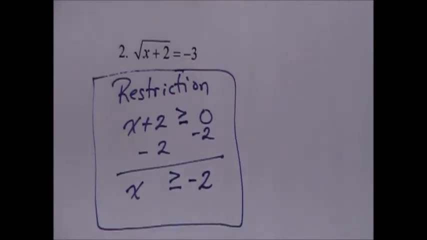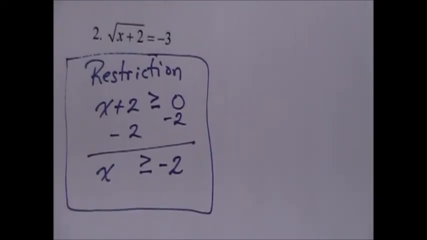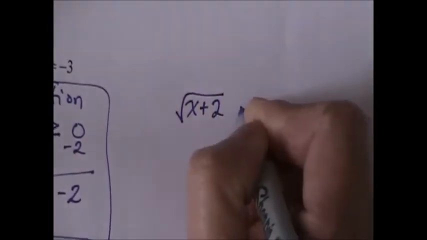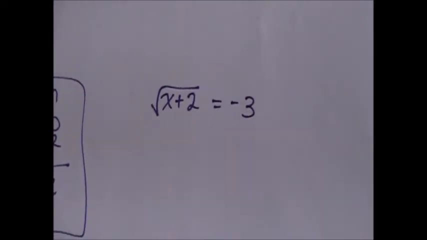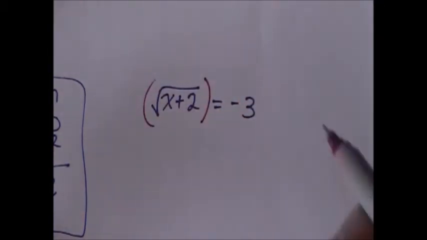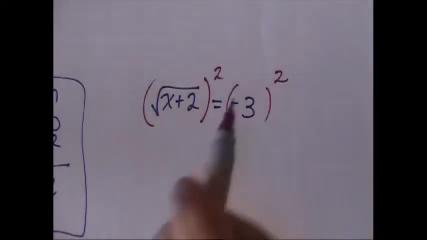As we go then to look at solving the equation, for this particular one, there are 2 ways we can do it. The first one, we can take a look at it and solve for x. The opposite of square rooting is to square. So we could square both sides to get rid of the square root sign.